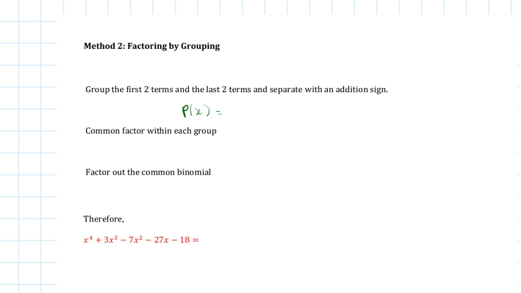group the first two terms and the last two terms and separate with an addition sign. So what I have here is x cubed plus 2x squared. Sorry, let me write that up here.